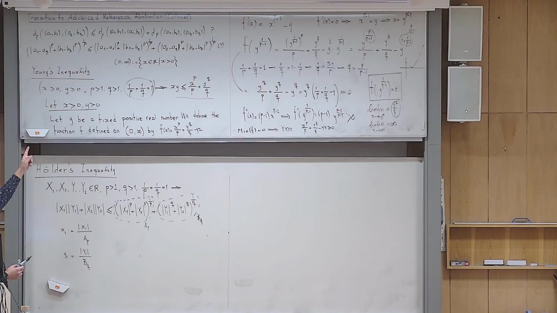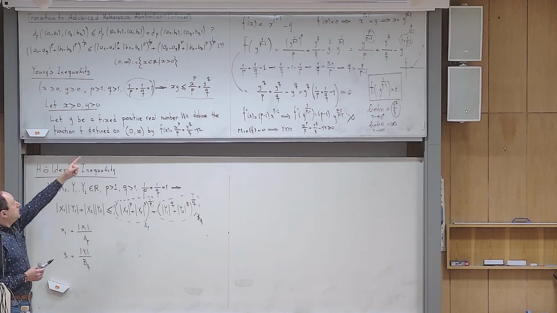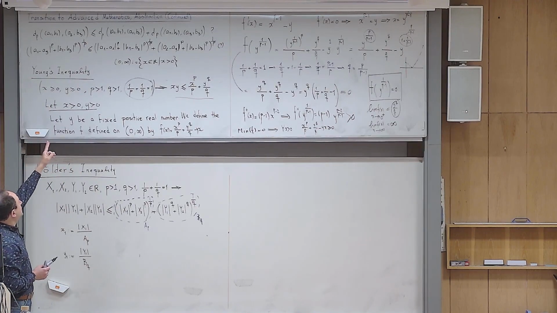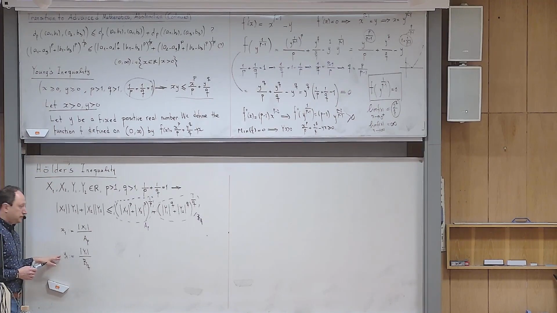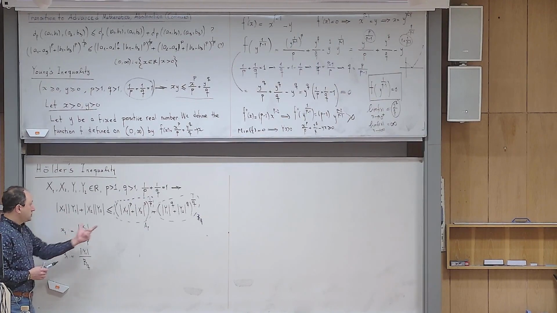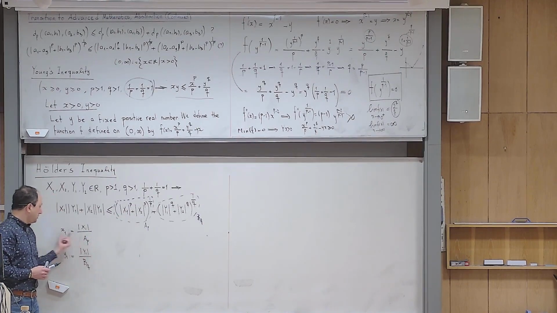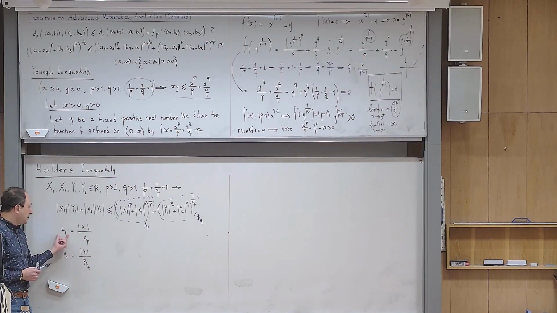Let us check the conditions. Young's inequality works if the numbers involved, x and y, are non-negative. But I hope that you agree that this is possible. Why do you think it was important to assume that x1 and x2 are not simultaneously 0? Because I want to put this expression in the denominator of my variable, so it should be guaranteed that this is not 0, and the same thing here.